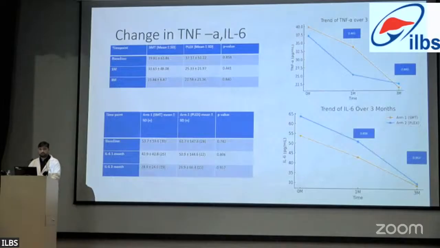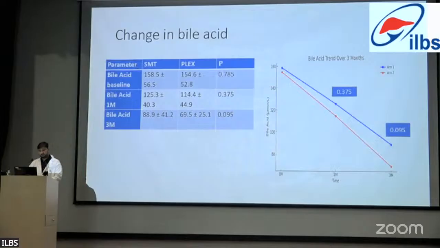We have also seen the change in the inflammatory markers at various timelines, but there was also no significant difference, and in bile acid, there was also no significant difference seen.